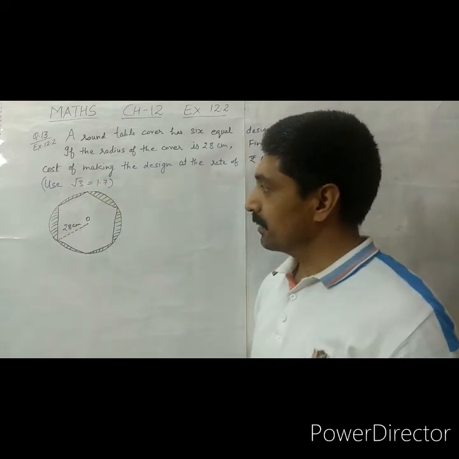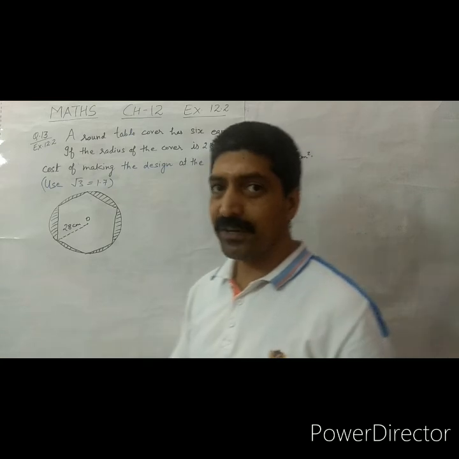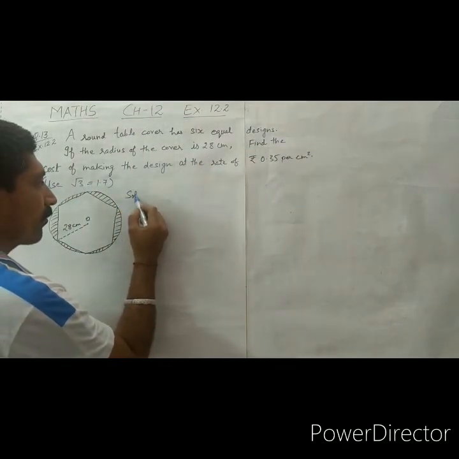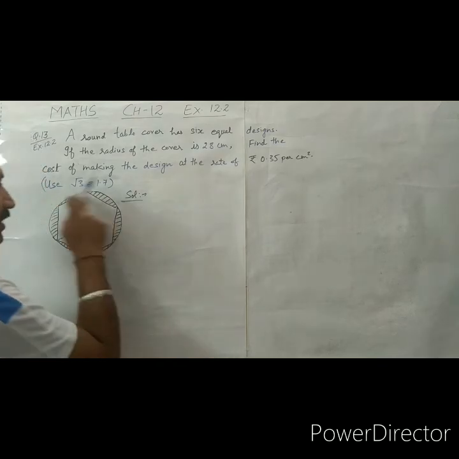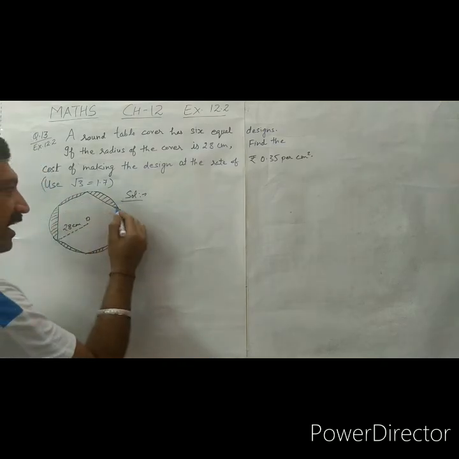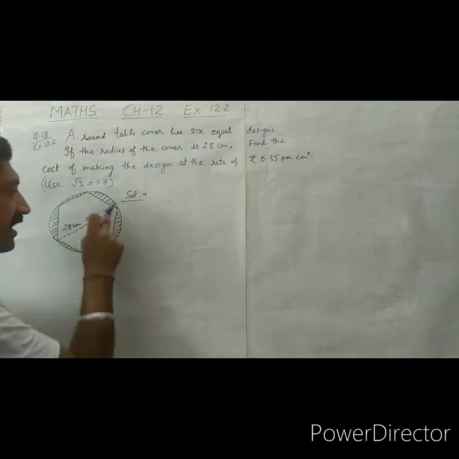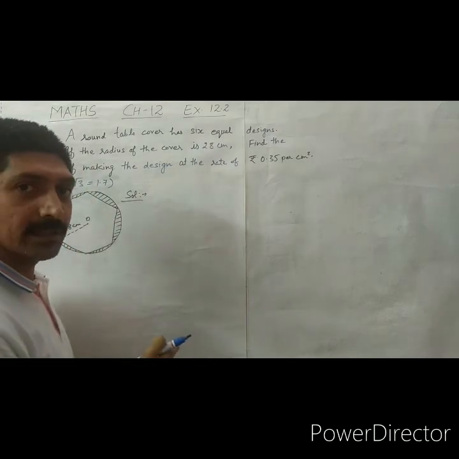One very easy way in this solution: we know these all designs are congruent. So all these 6 sides are of equal length.